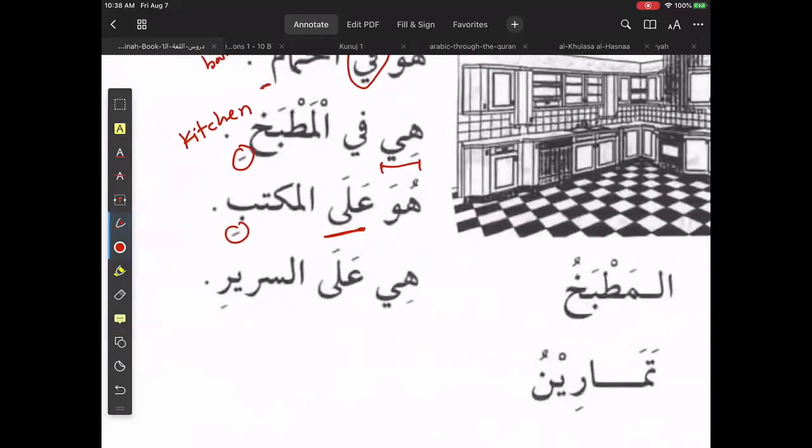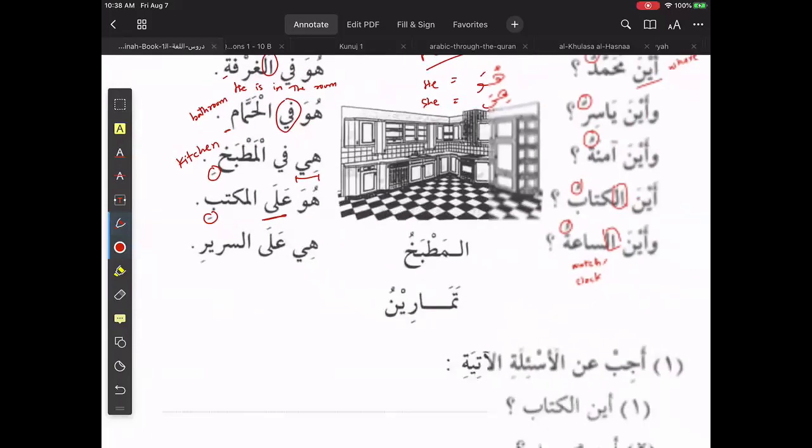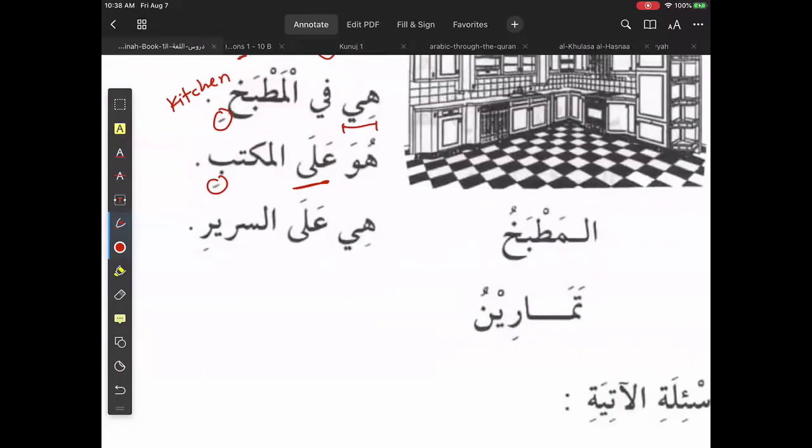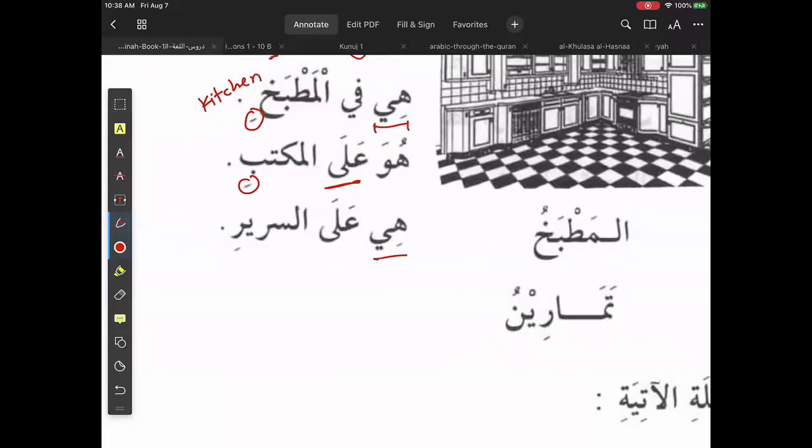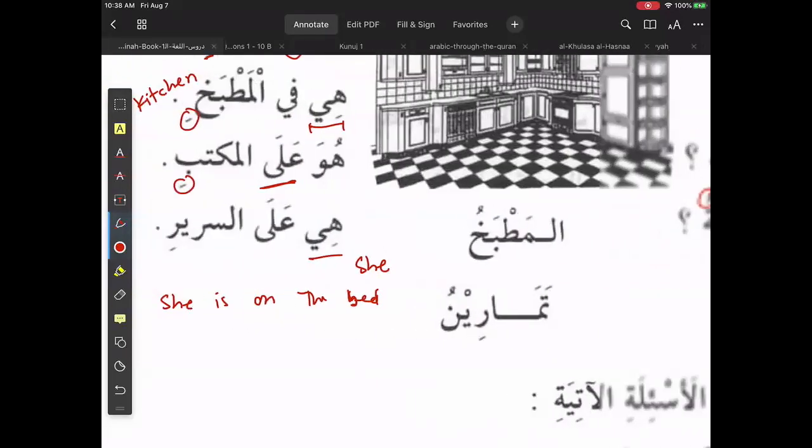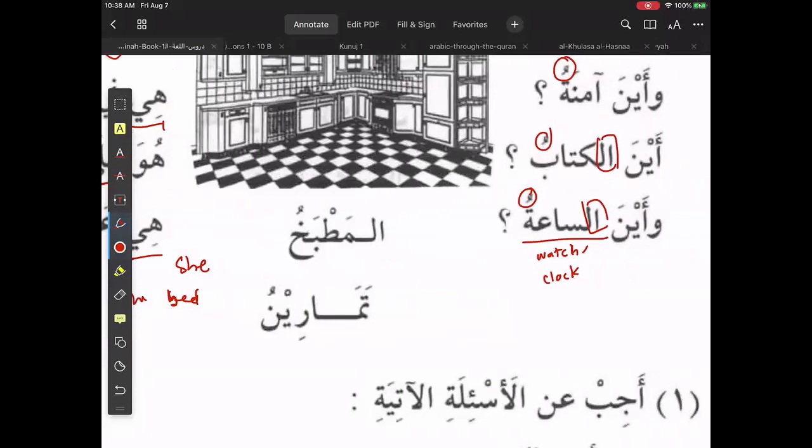See here. This is the interesting thing that I have to explain to you right now. I said hiya means what? Hiya means she, which is true. Now you were tempted to say she is on the bed. But right now, this she, we're talking about a sa'a, a clock.